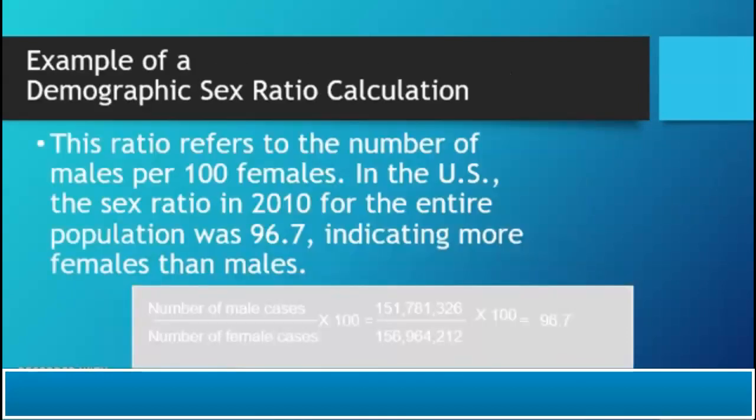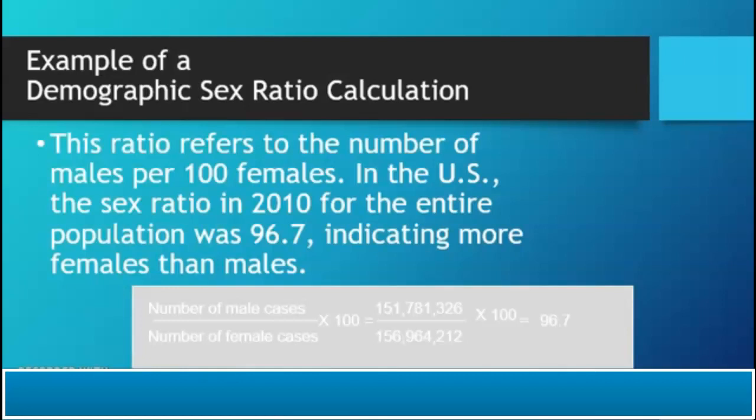So let's look at a ratio to begin with, and this is a simple ratio. It's the ratio of males to females, and this is actually the number of males per 100 females. It could have been males to females, and then the ratio would have been less than 1. However, because it's per 100 females, you're actually multiplying this ratio by 100.